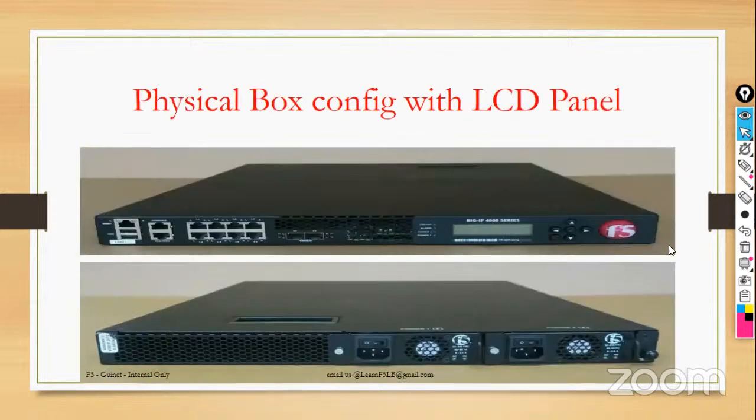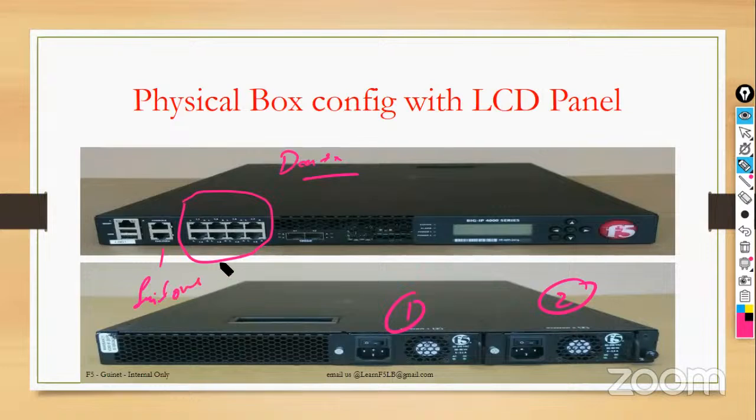So these are the physical boxes, right? Here we have two power units, one, two, right? These are the interfaces, data interfaces we can say. Here we have the failover, or we can say HA, right? Here we have the console, this is the management, and these are the USB ports, right?